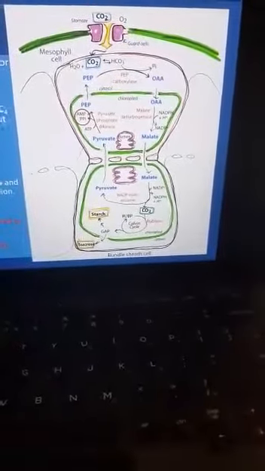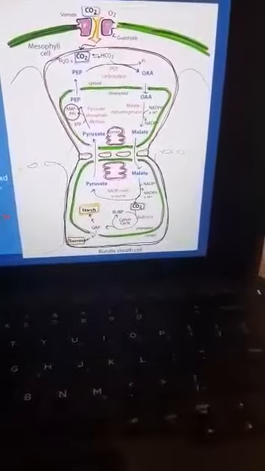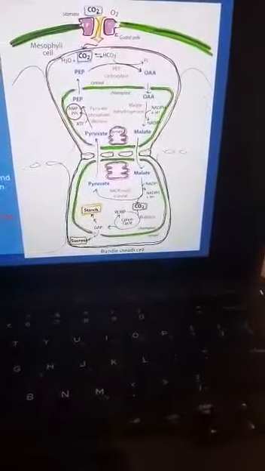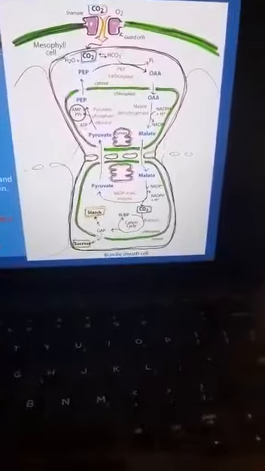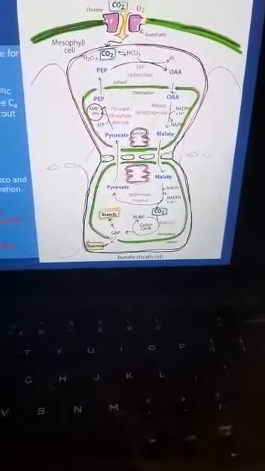Now, the oxygen would have entered the leaf. You can see it's entering into the leaf. There is the oxygen entering the leaf. Here within the mesophyll cells, that oxygen cannot play any role because this enzyme will never make the mistake of fixing oxygen. So that oxygen must find its way through the intercellular spaces all the way until here, where there is a Rubisco enzyme.